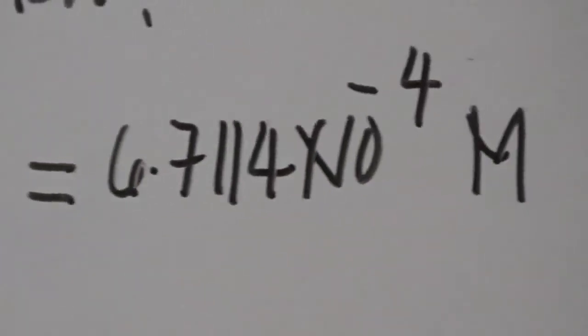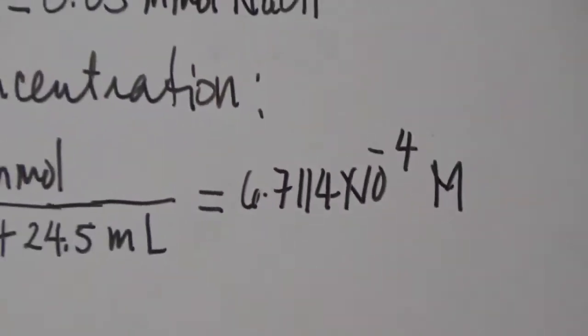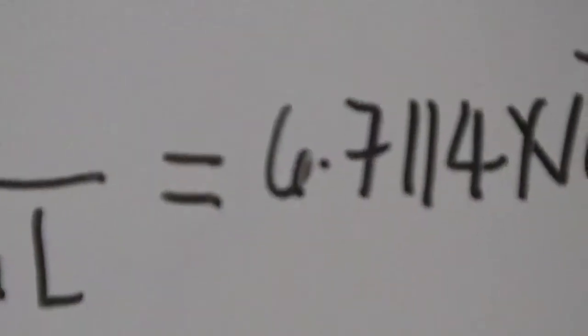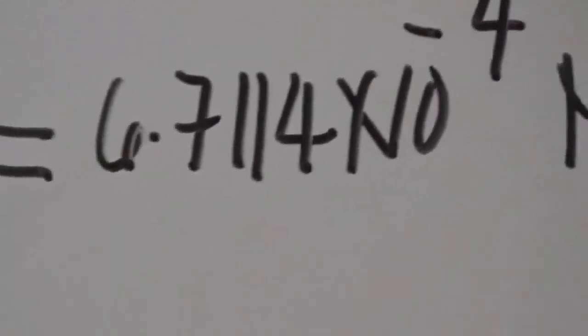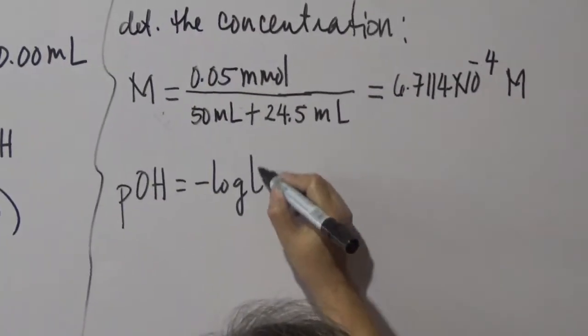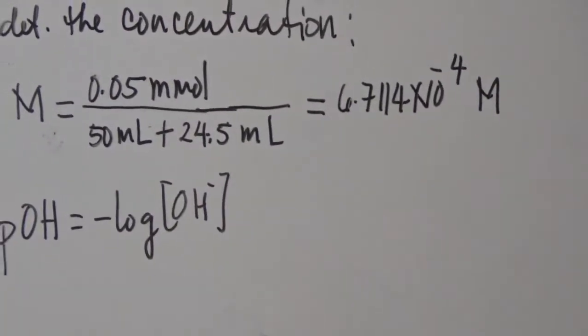Now, since, again, this is a base, sodium hydroxide, a strong base, it will ionize completely. So you can compute immediately the pOH, the negative log of the concentration of the hydroxide ion.